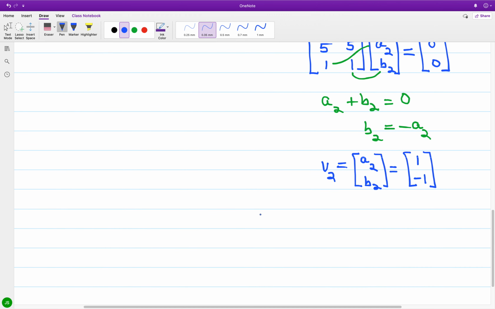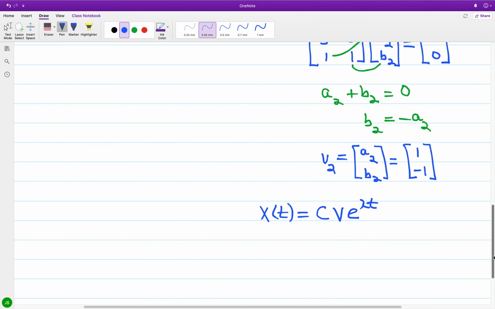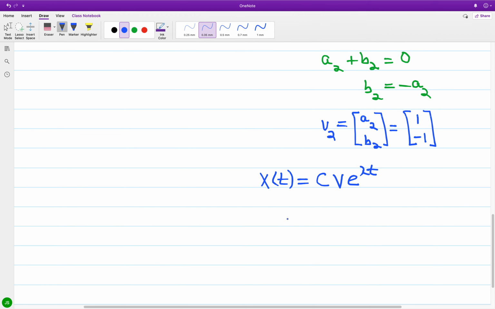Now collectively, for x of t, we're looking at a constant times the eigenvector times e to the lambda times t. Again, lambda refers to the eigenvalues.